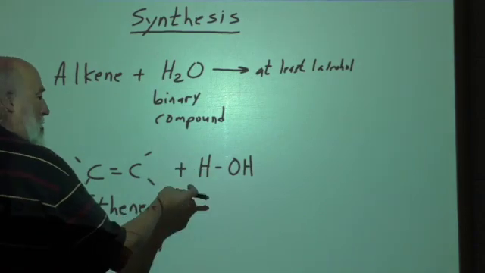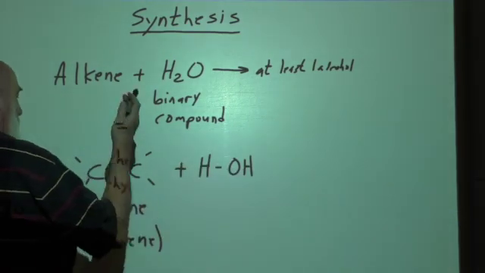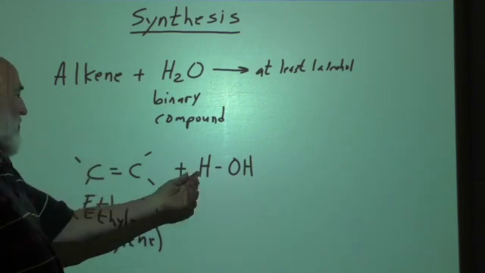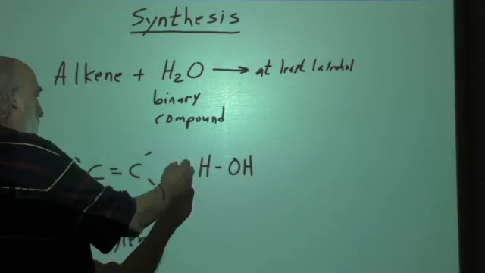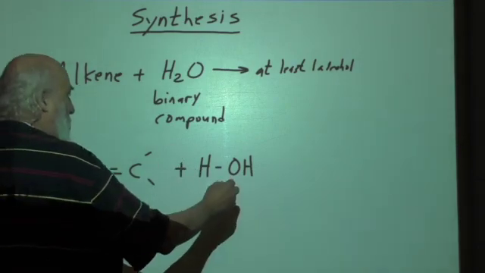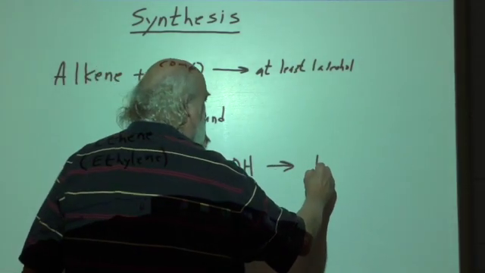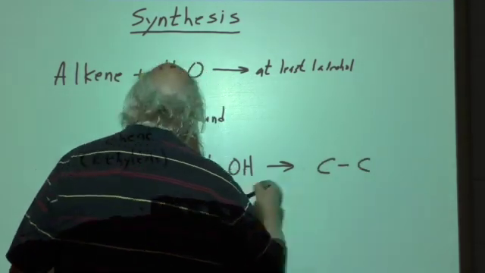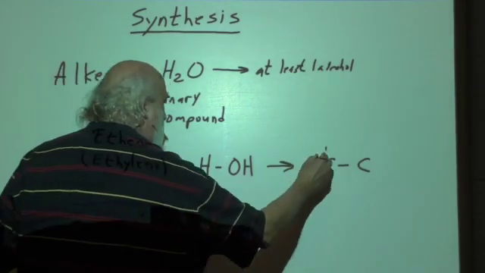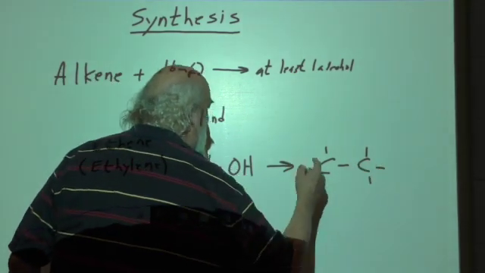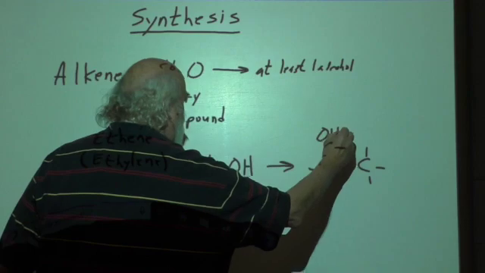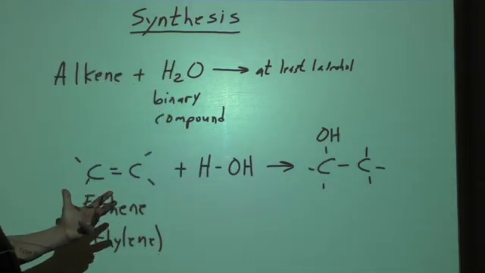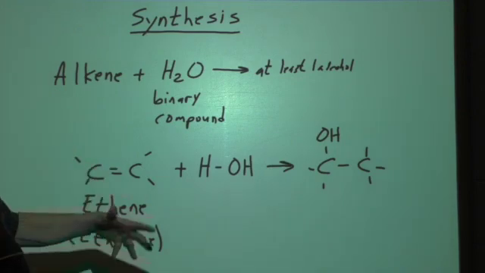It's made up of two ions, hydrogen ions and hydroxide ions. And when it collides here, remember the pi bond is really weak, so it breaks apart. If the collision's hard enough, it's going to break these two up as well. The hydrogen's going to go to one carbon, the OH is going to go to the other. So now you've lost your pi bond here, it becomes a single bond. You have all these hydrogens here, and one of these, and it makes no difference which one it is, it's going to be an OH. So you get only one alcohol. This is one way we make ethanol, by adding these.